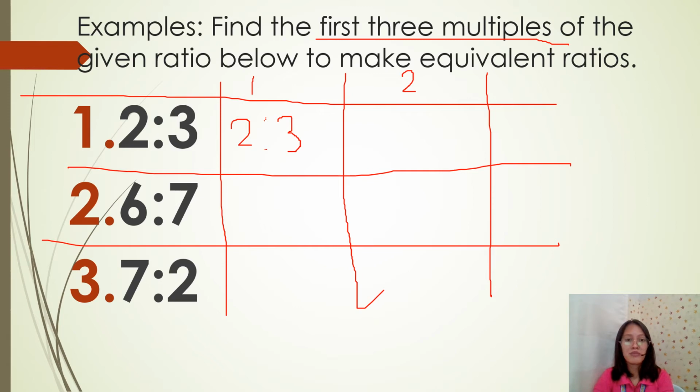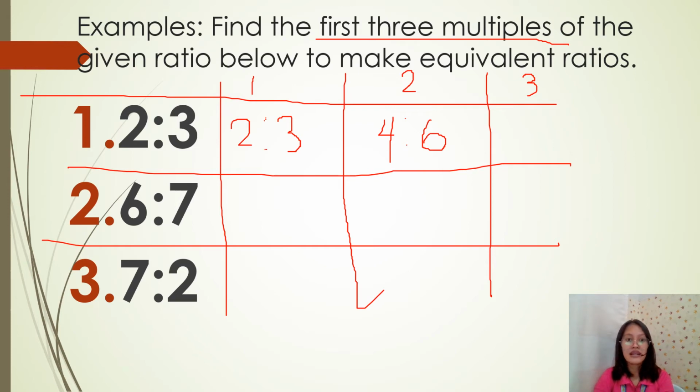If we multiply both terms by 2, ano po yung magiging equivalent ratio niya? 2 times 2, we have 4. And 2 times 3, we have 6. Since nakalagay po sa ating example, find the first 3 multiples, proceed tayo kay 3. Kagaya ng ginawa natin kay column 1 and column 2, multiply 3 by both terms.